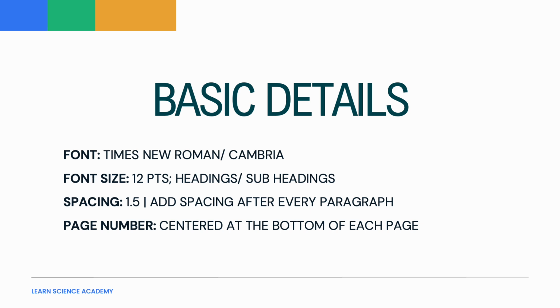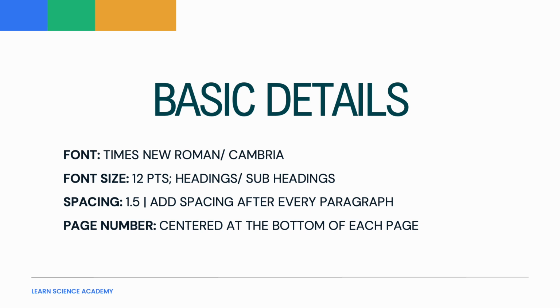The 1.5 line spacing and additional spacing after paragraphs make sure that the text is easier to follow and understand, preventing it from appearing dense or overwhelming for the readers. Additionally, page numbers are centered at the bottom of each page.